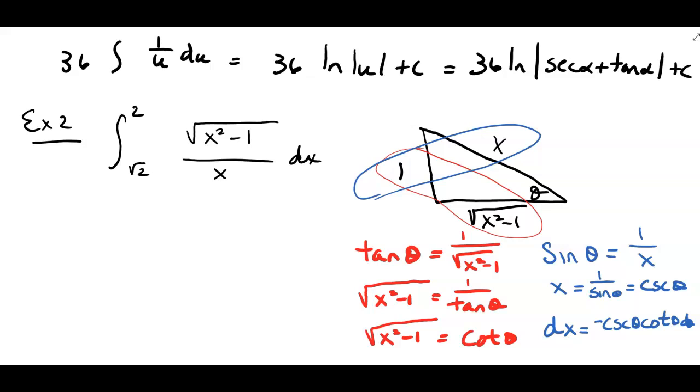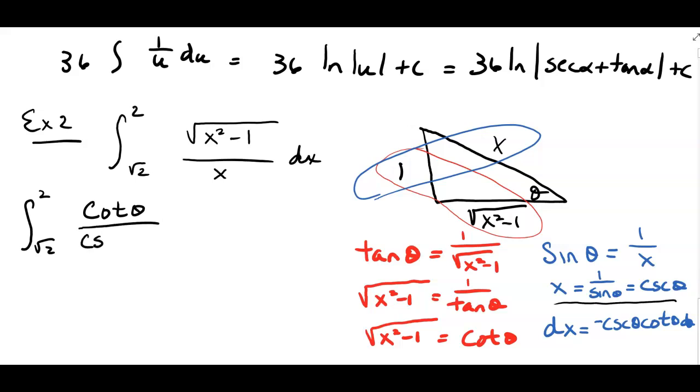Okay, so once you have that done, you can come over and just do your substitution. So what does this integral end up looking like? Going from radical 2 to 2, and now I'm going to plug in cotan theta. That's going to be my radical x squared minus 1, and that is over x. What does x equal? We didn't have an x in the last one, but we can turn everything into trig functions, because x is cosecant theta.